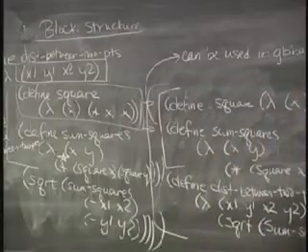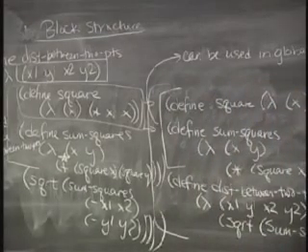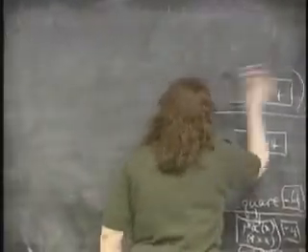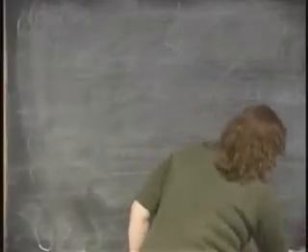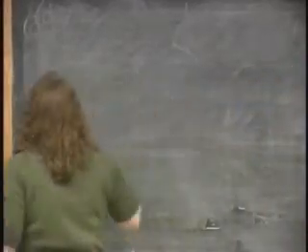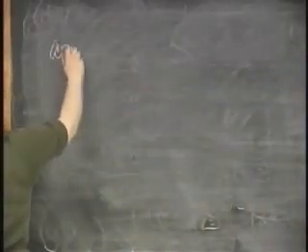Alrighty. We've been talking about the substitution model. There are two ways that we can evaluate sub-expressions in our combinations. The first is called applicative order.